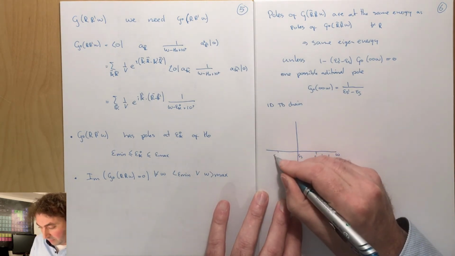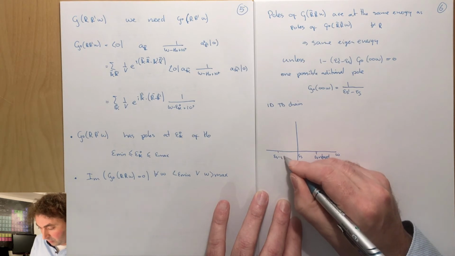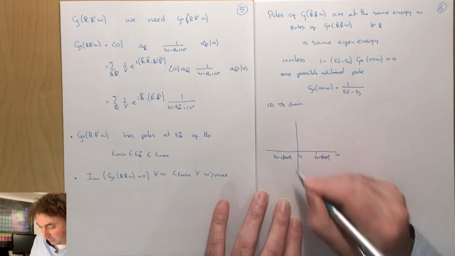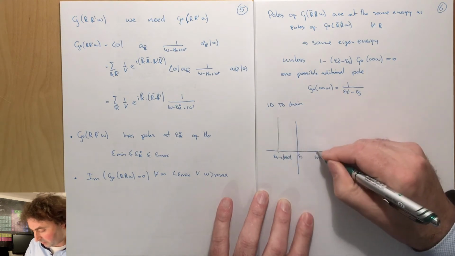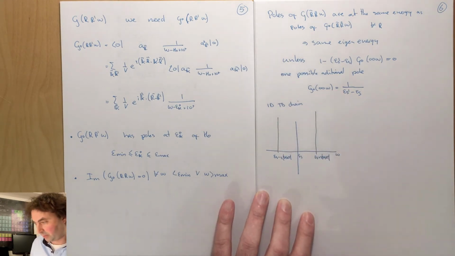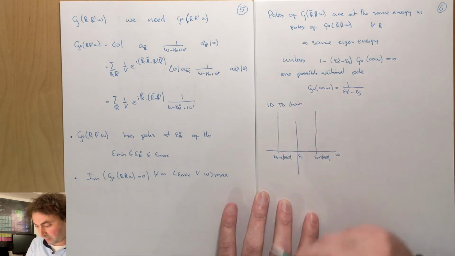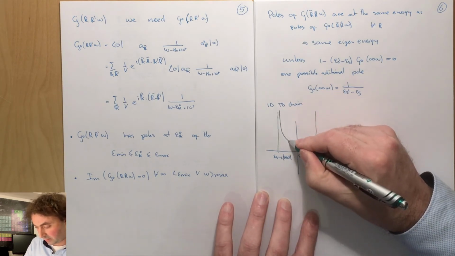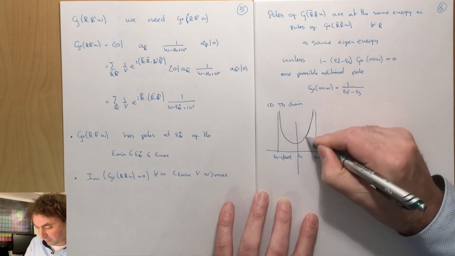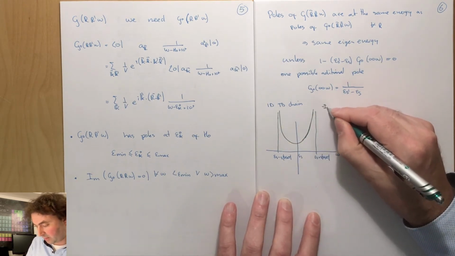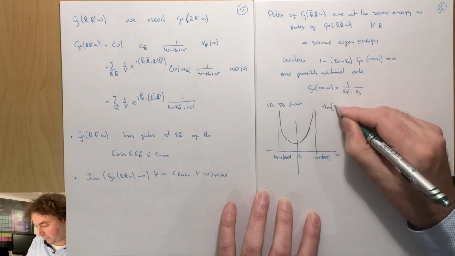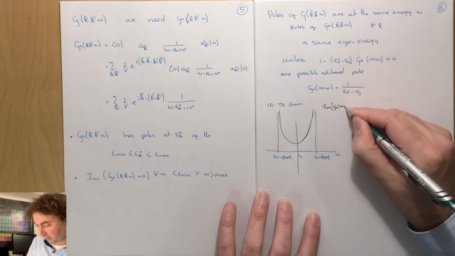The minimum at epsilon s minus 2 ss sigma, and our density of states for a one-dimensional system diverges at the zone boundaries and then has this shape. So this is minus the imaginary part of G00 omega.